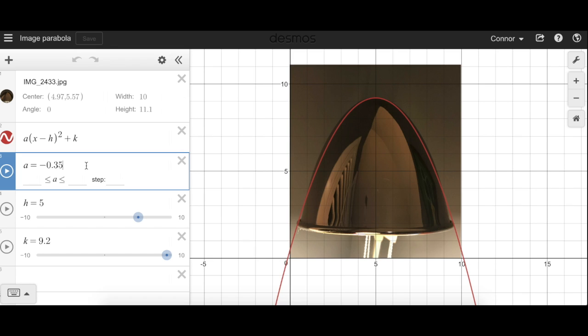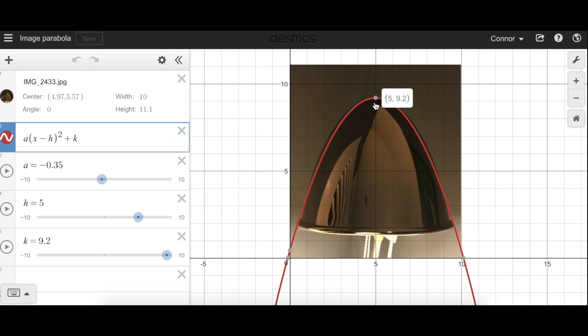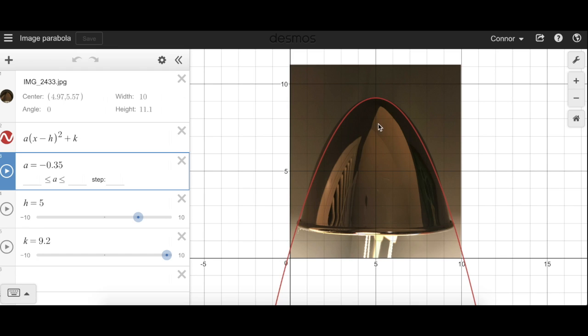So I knew that it would land around 5 for the vertex and about 9 because that's where it is, and so it took me just a little bit of guessing to get to 9.2. Now for the compression, this would be a vertical compression, making it wider than it would normally be. I had to guess a little bit on that because I wasn't able to tell exactly where it would go.